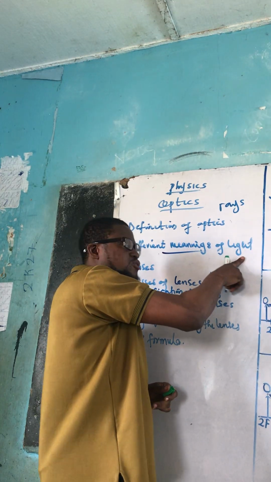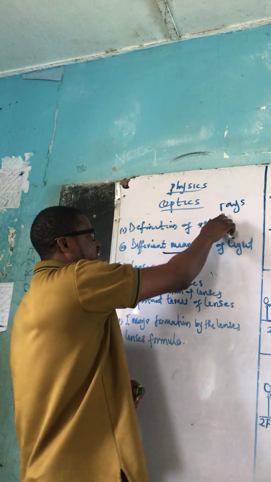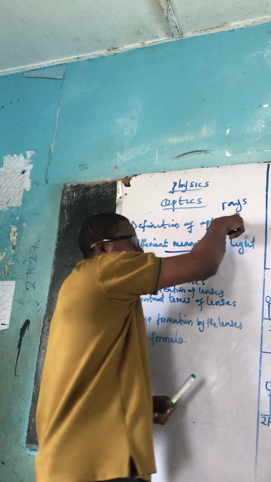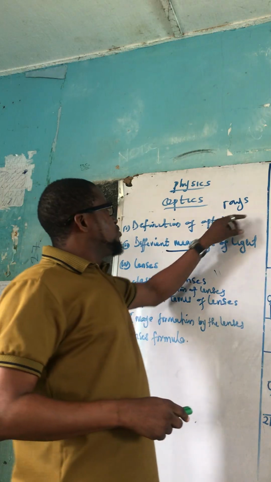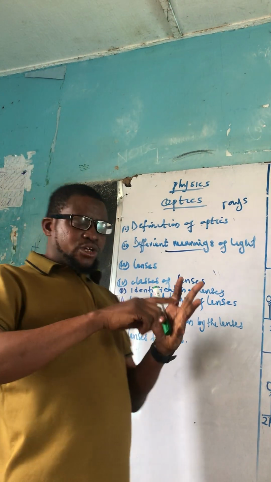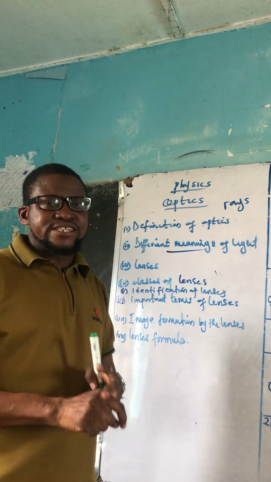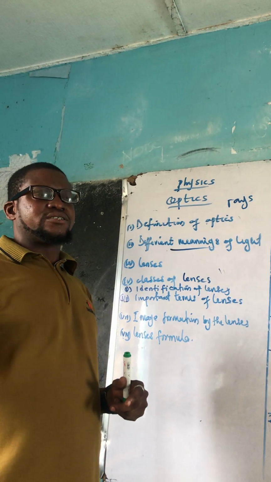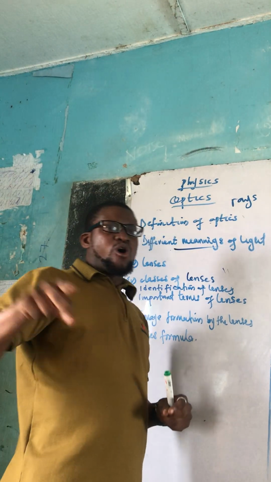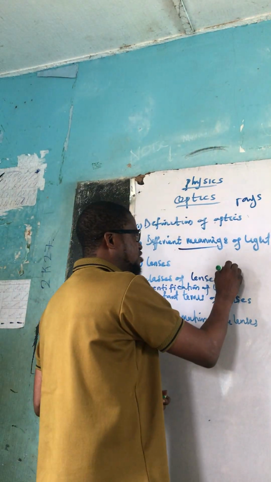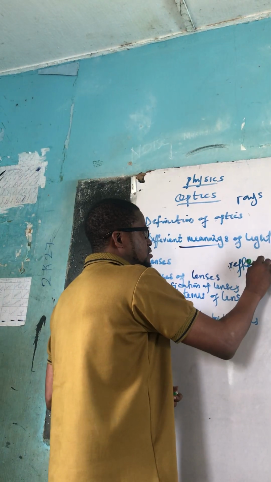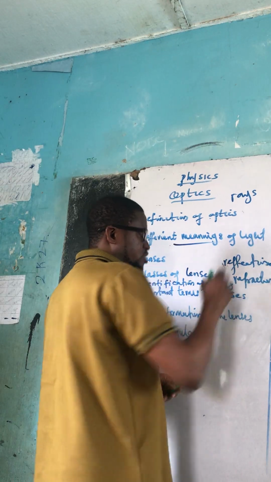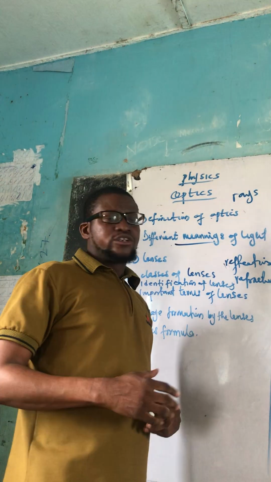So when anybody mentions light, one of the meanings is rays. When light denotes rays, we are going to study both mirrors and lenses to understand two of the properties of light. That is reflection and refraction. Reflection is through mirror and refraction is through lens.